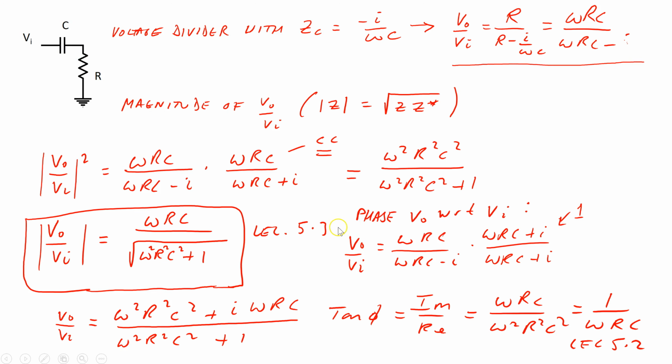So let's recall then that the phase of a complex number is given by the ratio of the imaginary to the real parts. And so here we go.